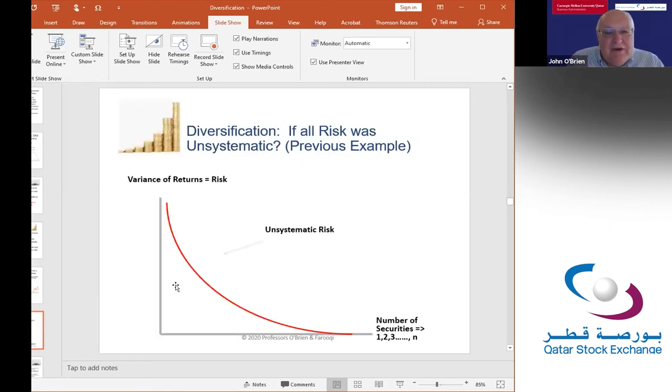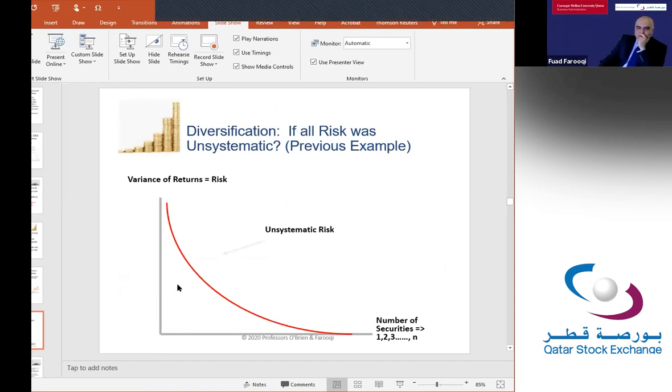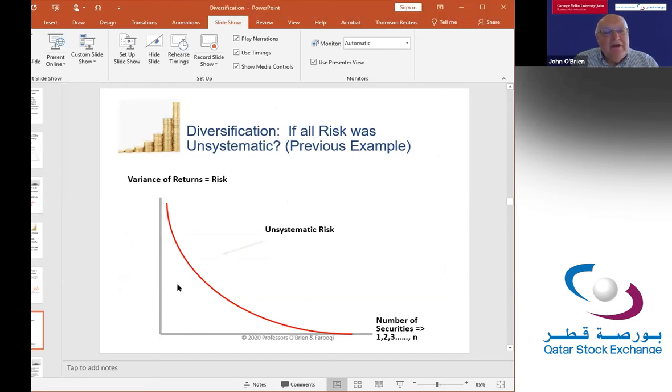Okay, well, what's going on here? Firstly, in the example I've given to date, all risk was unsystematic, because investment B was completely independent of investment A. So what investment A did had no bearing on investment B, or vice versa.